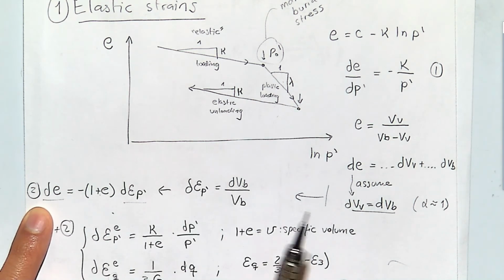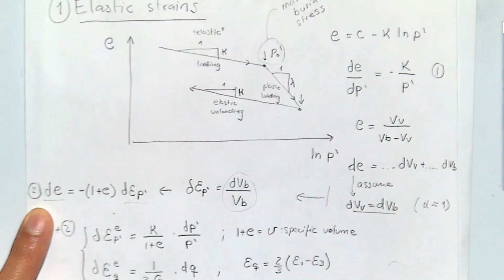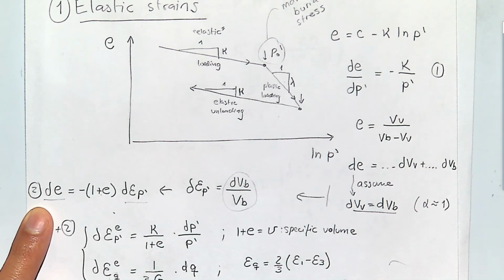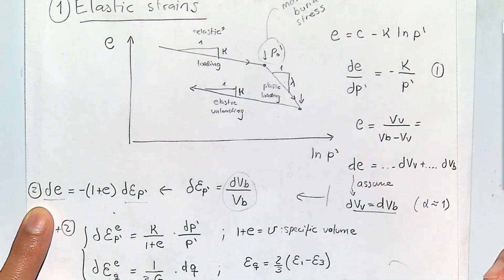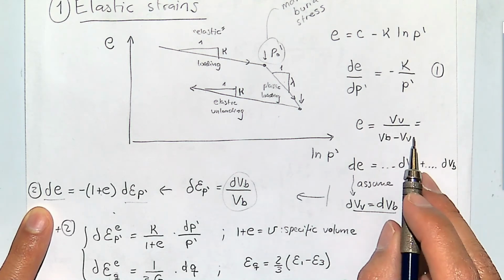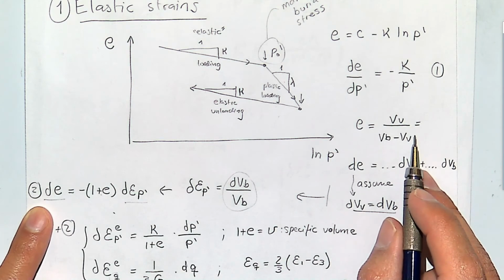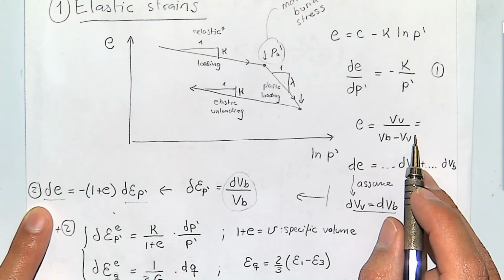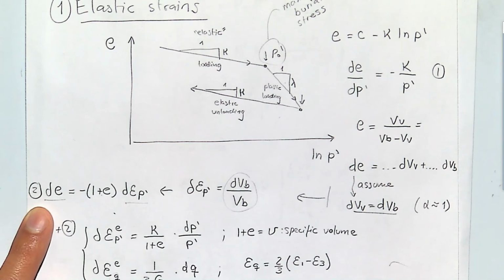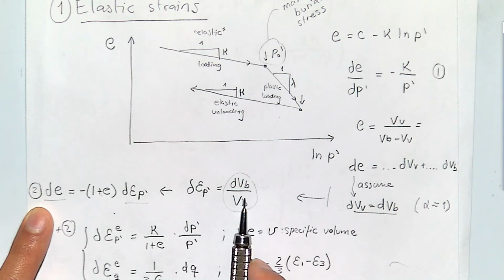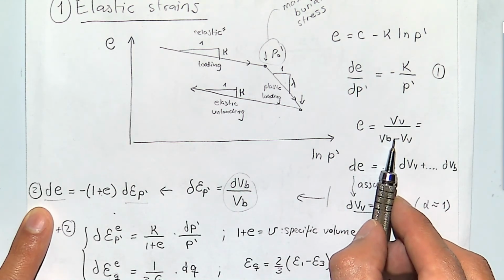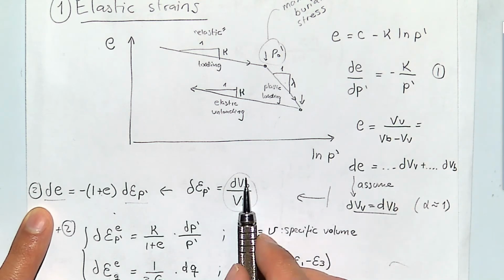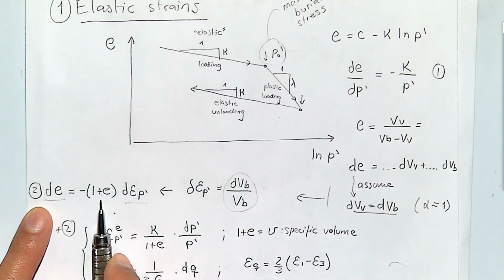Well, here you have the definition of elastic plastic strain, and here you have the void ratio. I don't want to get into these rules of derivatives, because basically what you have to do is take the derivative with respect to this one, and then replace this in terms of that, and then you will obtain this. It's just rules of derivatives.